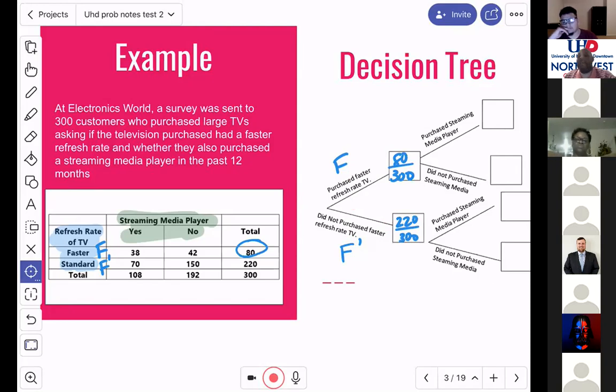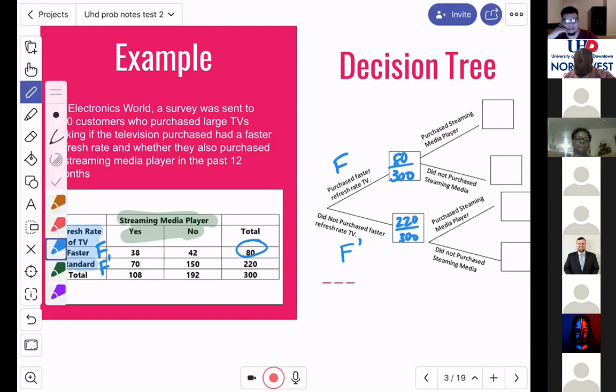Now, next question says this, and if you read along the branches, the branch says, these people purchased a faster refresh rate TV and what else did they do? Purchased a streaming media player. That means that their faster refresh TV came with a streaming media player. How many people is that? 38. That's these people right here.